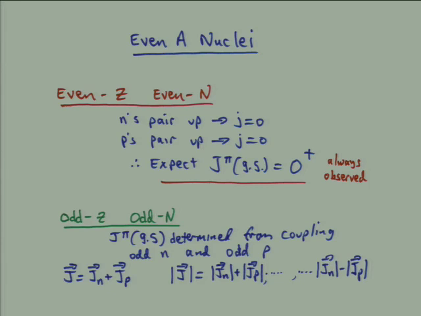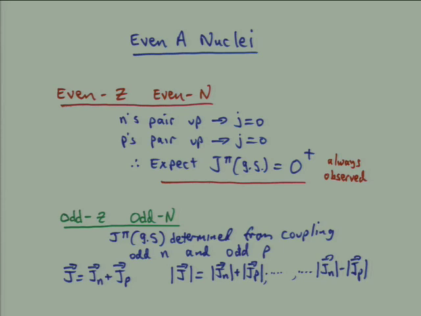And that's universally observed. There's no even-even nucleus for which that is not true. Okay? And it's because of this pairing interaction that likes to get the neutrons paired up with neutrons and the protons paired up with protons. Okay, so that's something you should know and understand why it's that way.